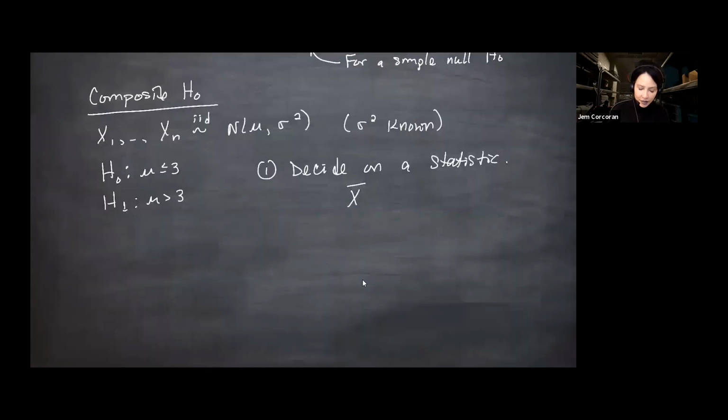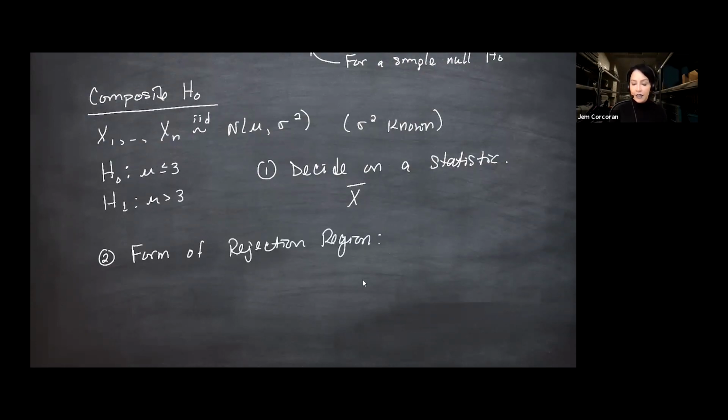And step 2 is to come up with the form of a rejection region. This is where you look at the statistic that you're going to use and you look at what would happen to that statistic if the alternate hypothesis were true. In this case, the alternate hypothesis is that the mean is larger than 3, so that would reflect in the statistic by it coming out large.